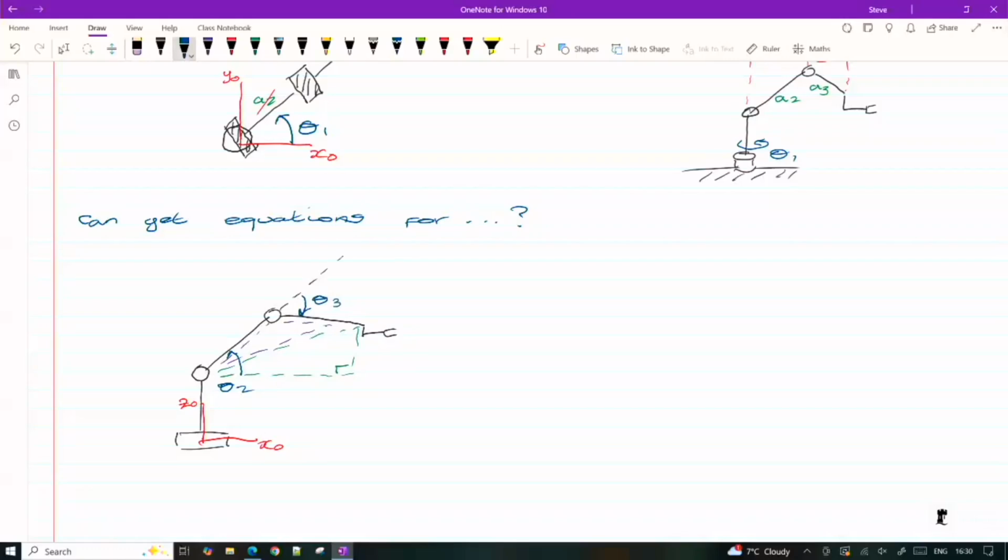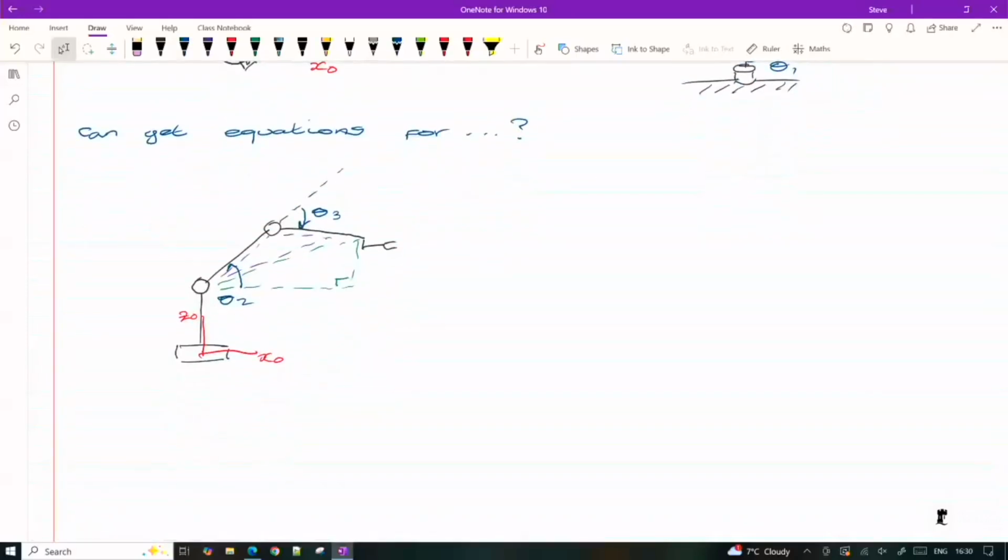It may be that we need to draw in or think of some other angles, and then if we look at, say, the right angle triangle, what do we know? We could label that alpha, whatever we want to call it, alpha 1, alpha 2.